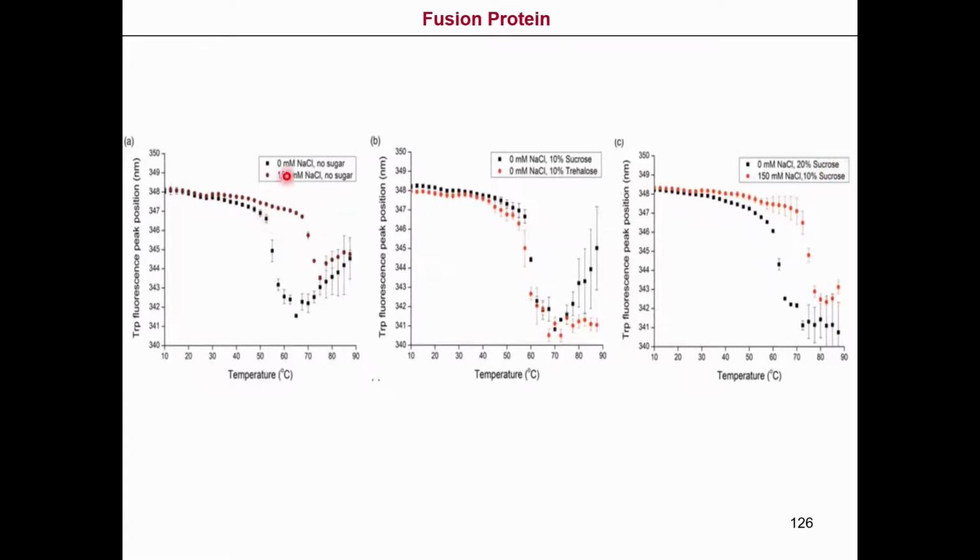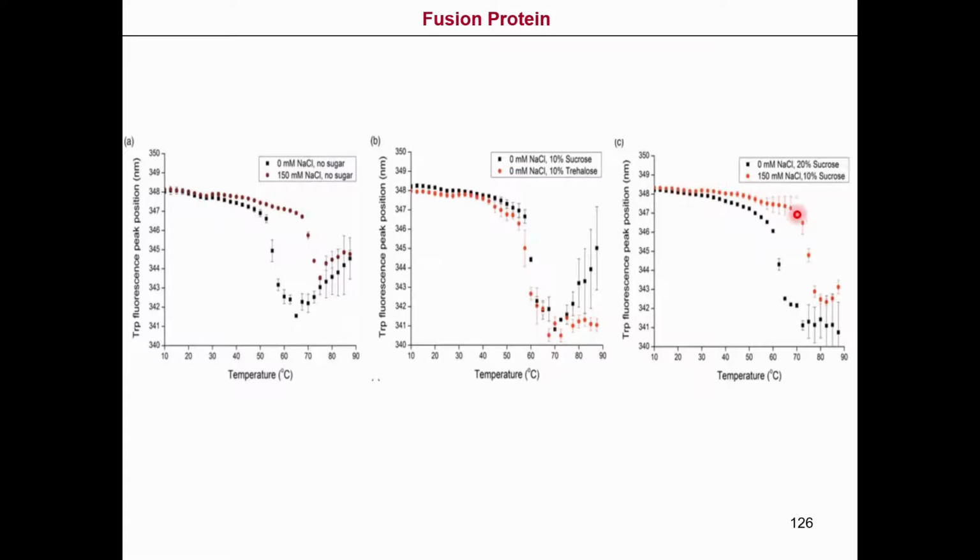Okay, so when the concentration of salt is 0, you have an aggregation temperature of around 55 degrees, but when you increase this concentration, the protein becomes more stable because the aggregation temperature is around 70. The nature of sugar has no effect on the temperature of aggregation.